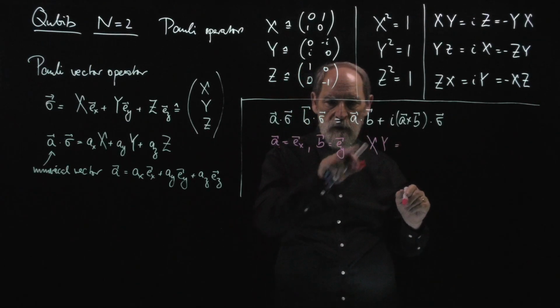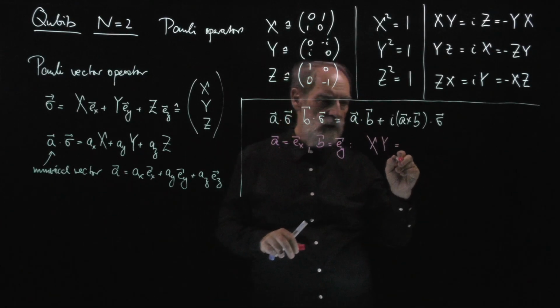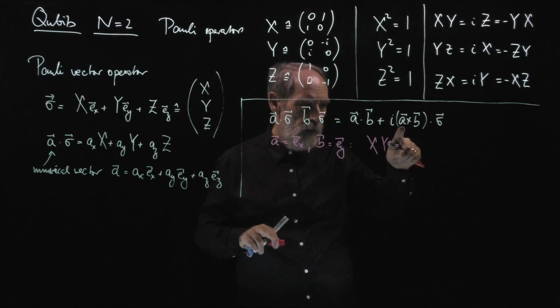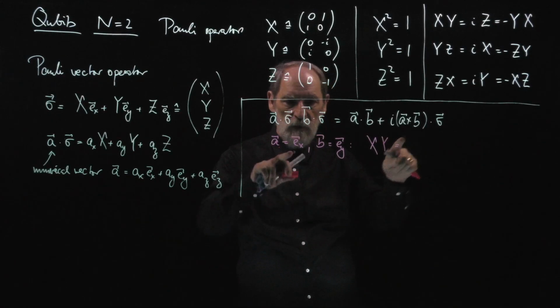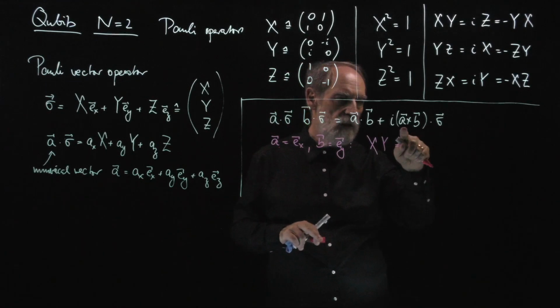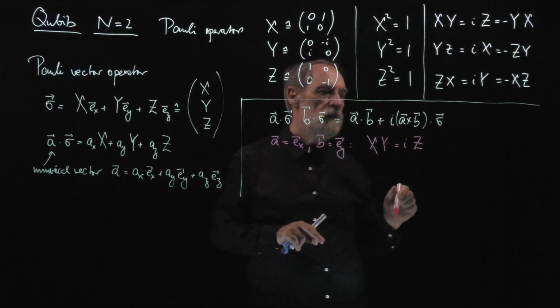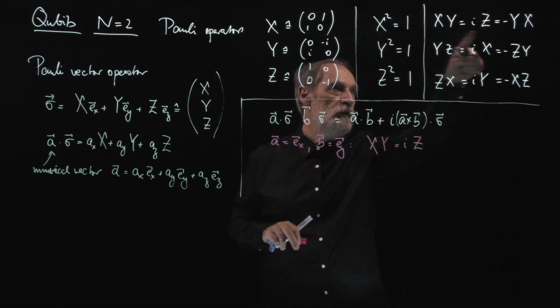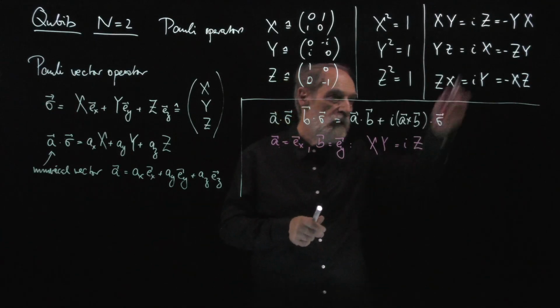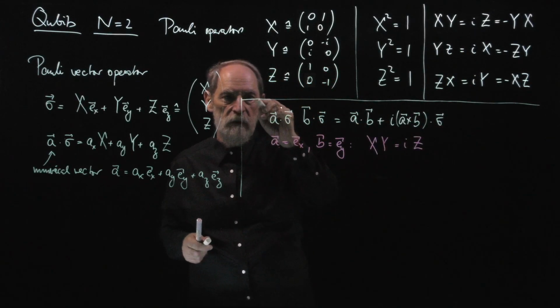On the right hand side we have Ex dot Ey, A dot B, that would be 0, and A vector cross B vector, Ex vector cross Ey vector, that's the Ez vector. So we get the Z component of sigma with an i, and that's the Z operator. So we just reproduce this equation. And the other equations are other special cases of this general expression.